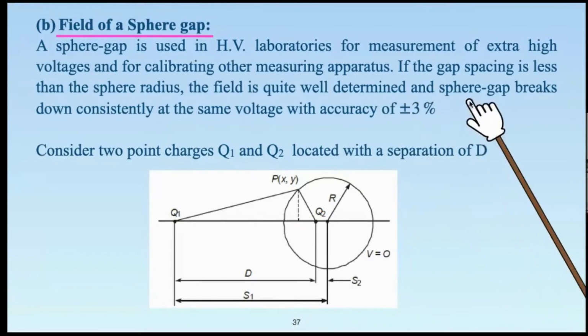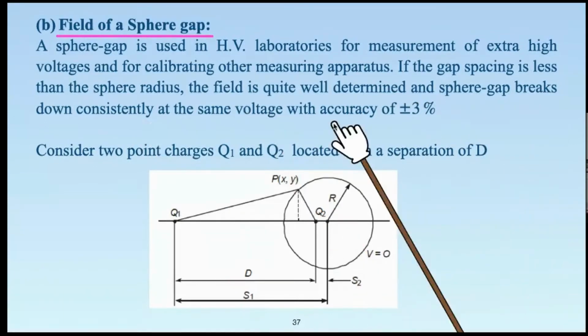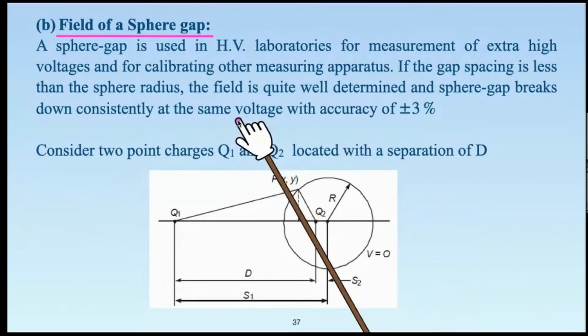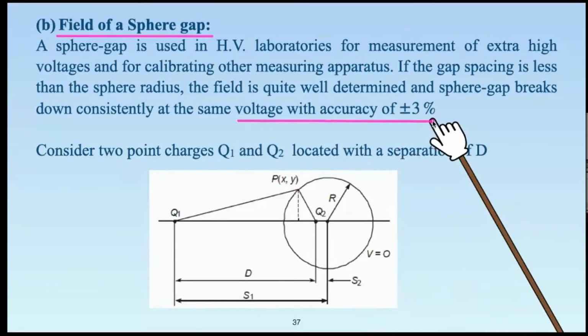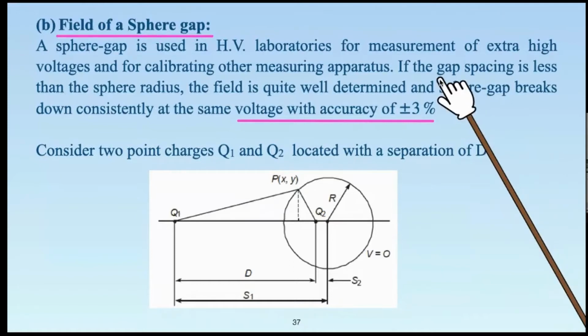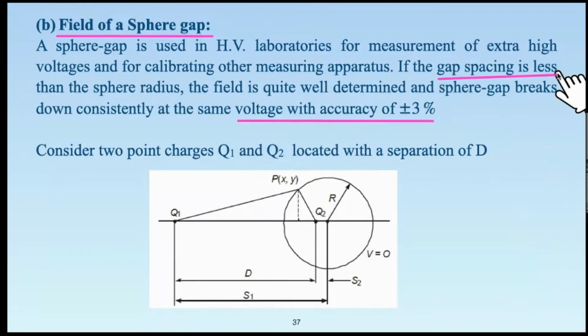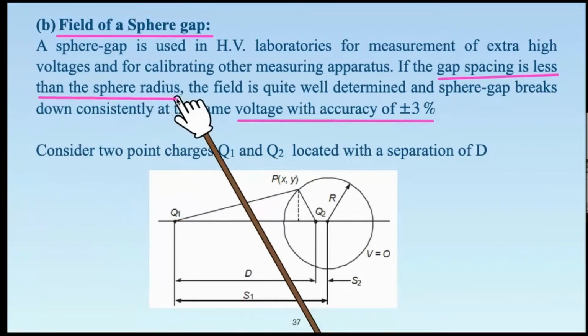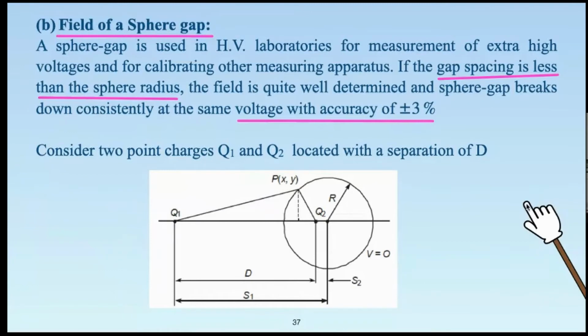That is, it is uniform and it breaks down consistently with an accuracy of plus minus 3%. So if somebody asks you what is the accuracy of a sphere gap, you should be able to say it is plus minus 3%, subject to the condition that the gap spacing is less than the sphere radius. This is the condition.